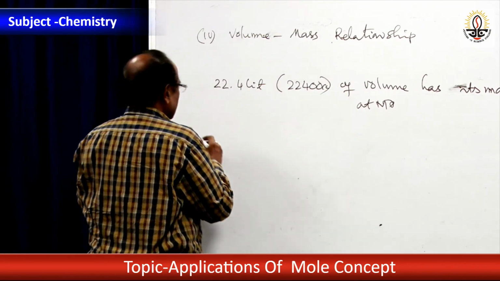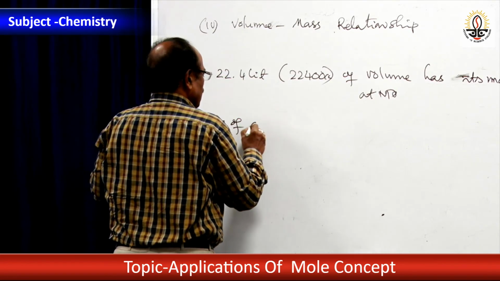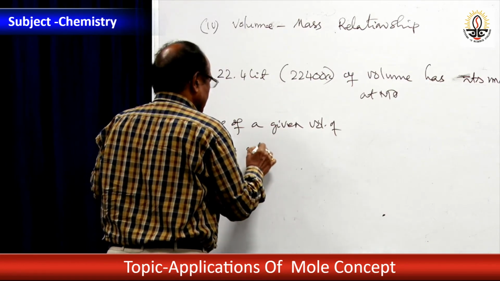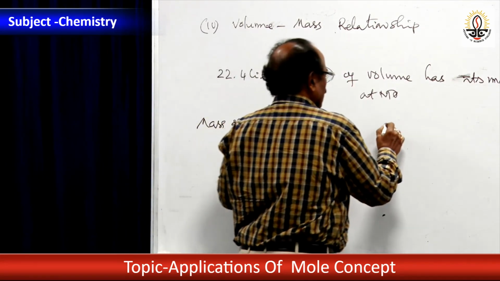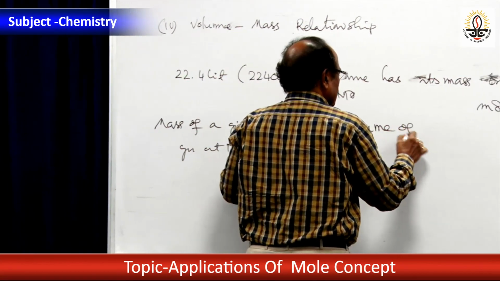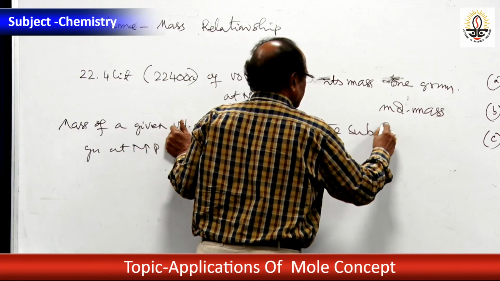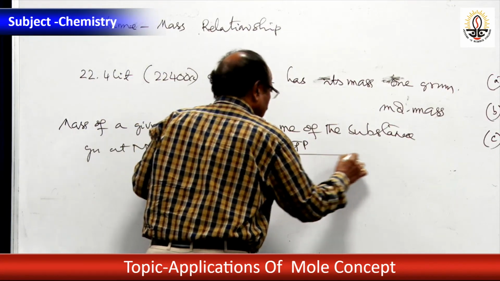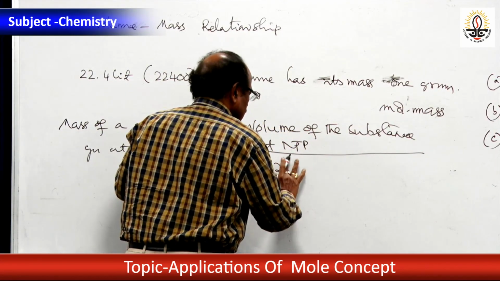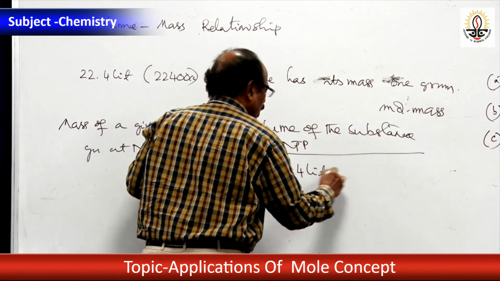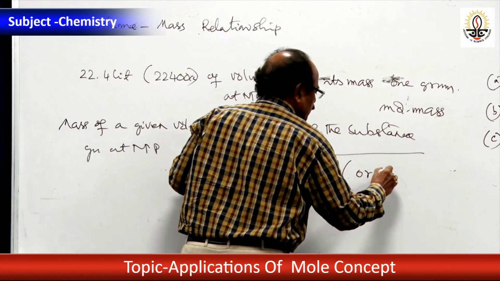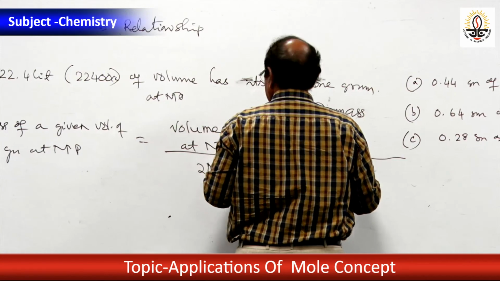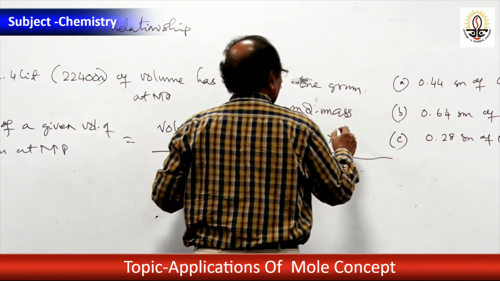For the mass of a given volume of gas at NTP, what will we do? We take the volume of the substance at NTP divided by 22.4 liters, or if it is given in cc, then 22400 cc, so we get the mole.